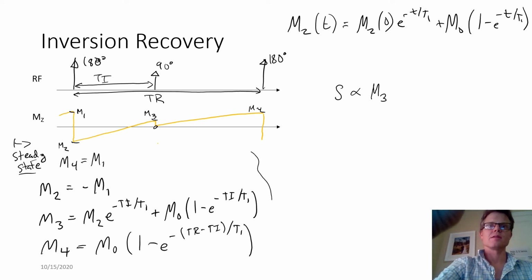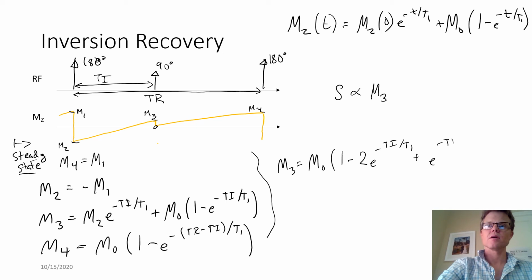You can combine these four equations here and determine that M3 is equal to M0 times 1 minus 2 e to the minus Ti over T1 plus e to the minus TR over T1.